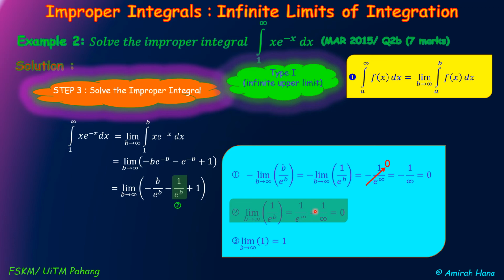After we simplify, we have 1 over infinity, which approaches 0. So the answer is 0. Number 3, we evaluate the limit b to infinity of 1. If we evaluate the limit of a constant, the answer should be that constant, because there is no variable b here to substitute.